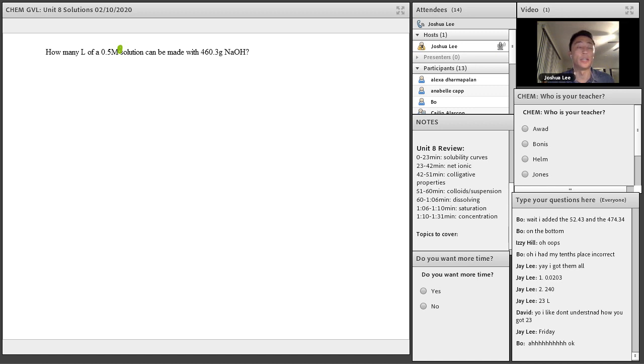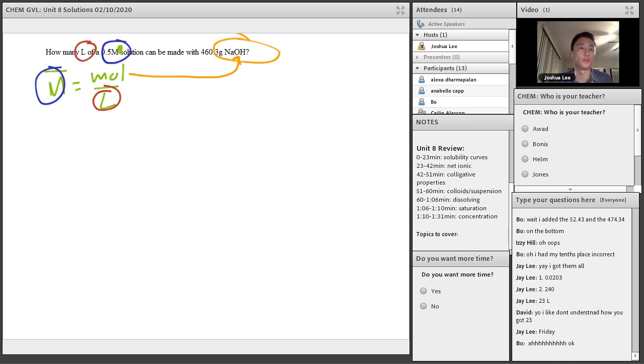So same thing. Anytime you see molarity, grams, and liters, you just think, all right, molarity is moles over liter. I'm looking for liter. I have my molarity. And I kind of have moles with this, but first I have to convert the grams into moles.